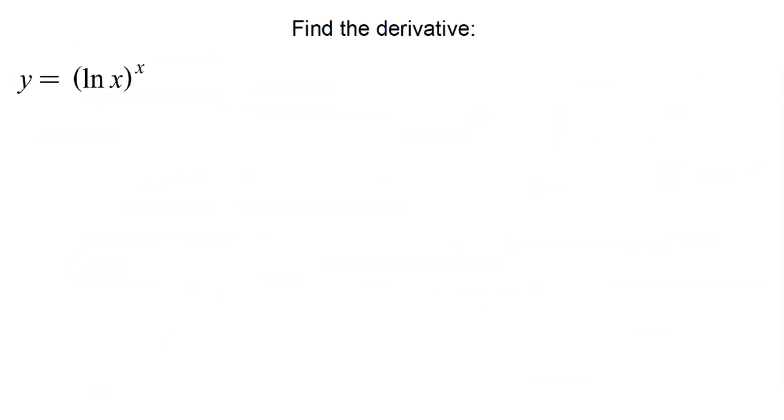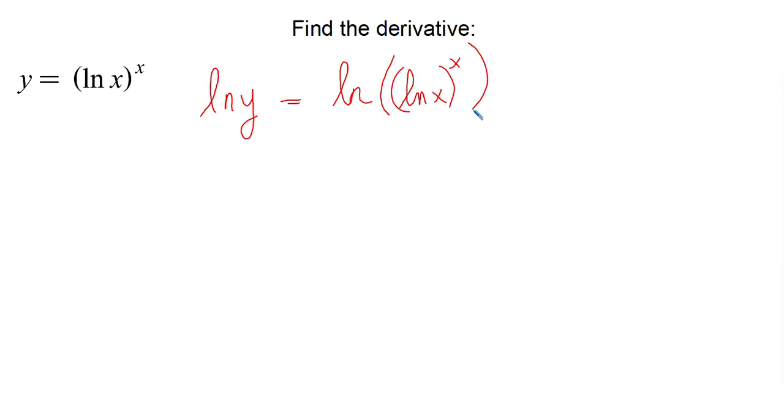For number 3 here, we've got, again, a function being raised to the power of another function. Right, this is y equals the natural log of x to the power of x. So what we'll do is we'll take the natural log of both sides, which allows us to see that x that's in the exponent here can come out into the front.